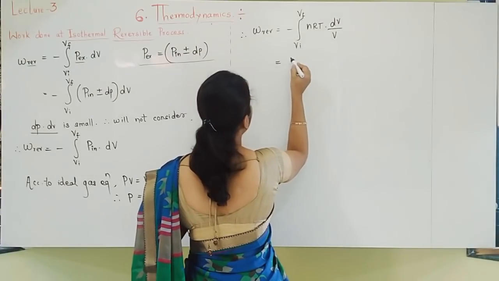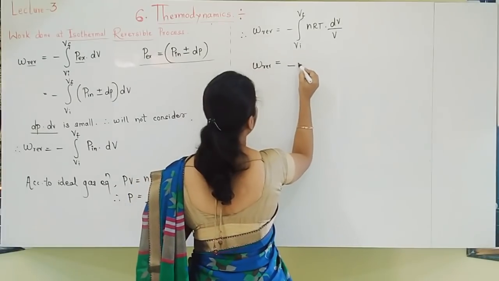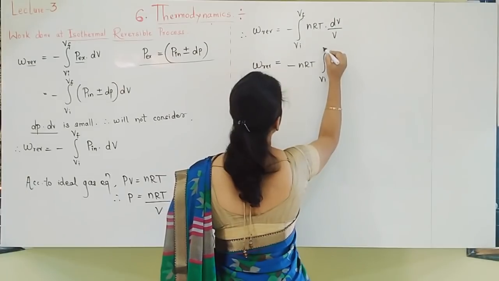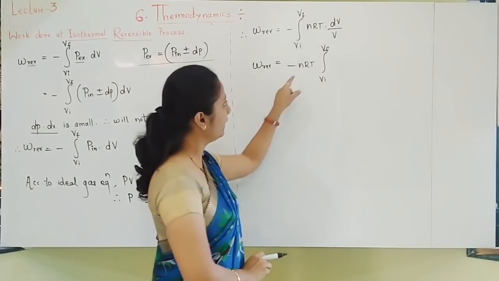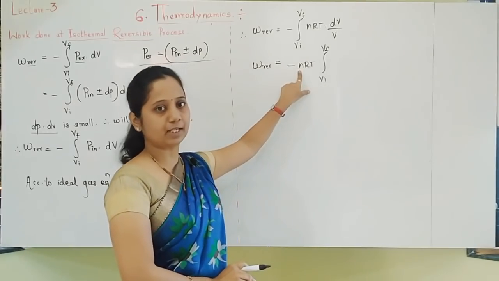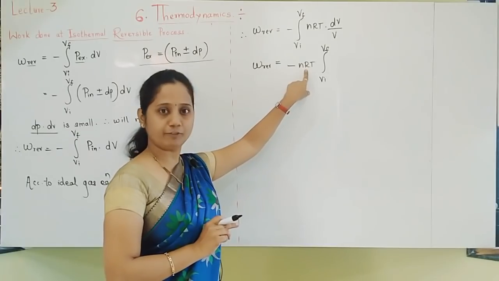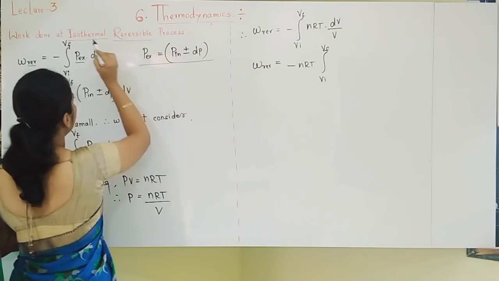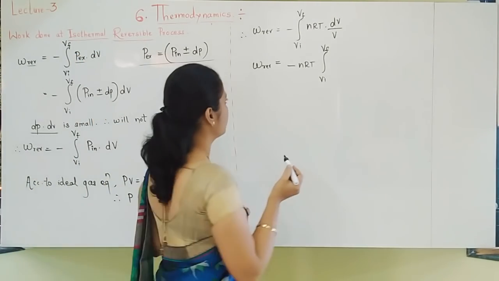Now W reversible is minus, and the constant nRT we take outside. Why is it constant? The number of moles we have taken is 1 mole of ideal gas, so it is constant. R is the universal gas constant. T is constant because it is which type of process? An isothermal process, meaning its temperature is constant.